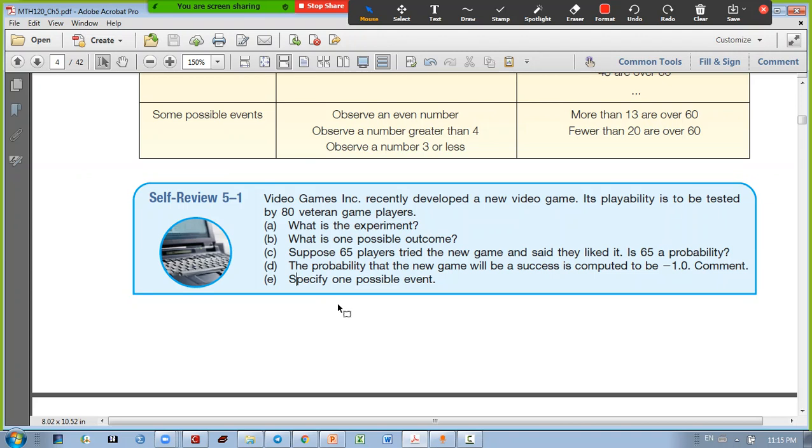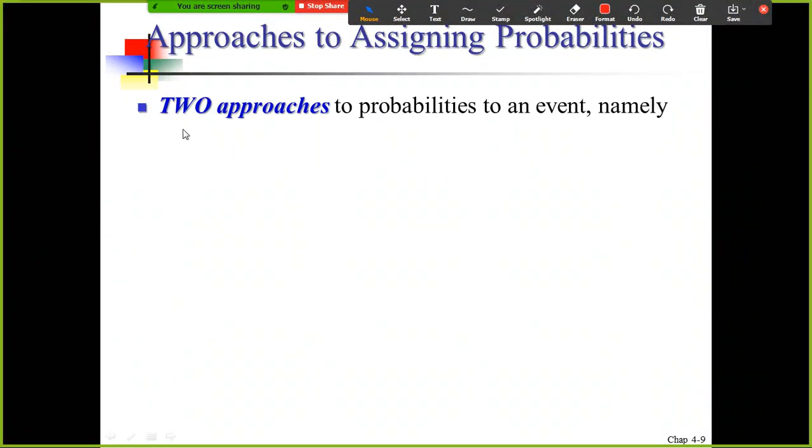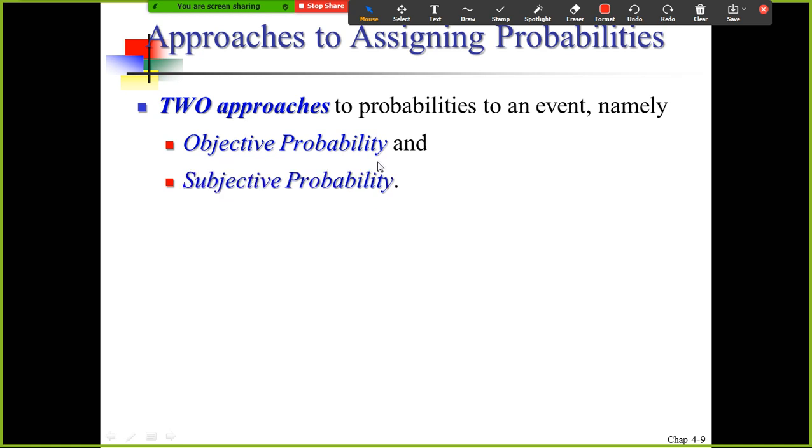This is just the first self-review in order to check the introduction of probability concepts. We have approaches. Approach means technique or method. There are two approaches to probabilities of an event: objective probability and subjective probability.